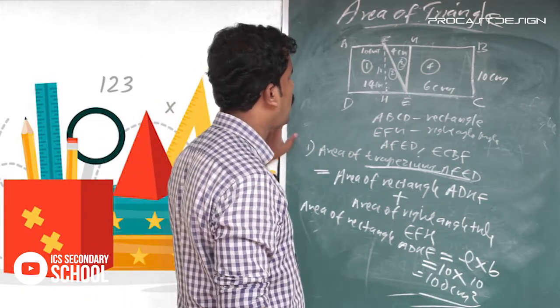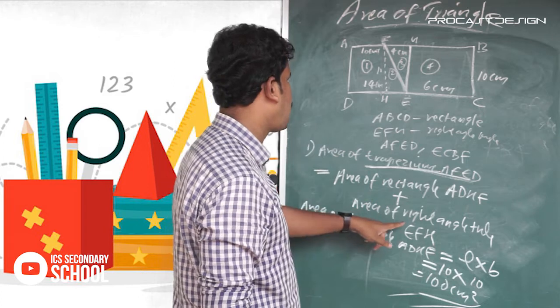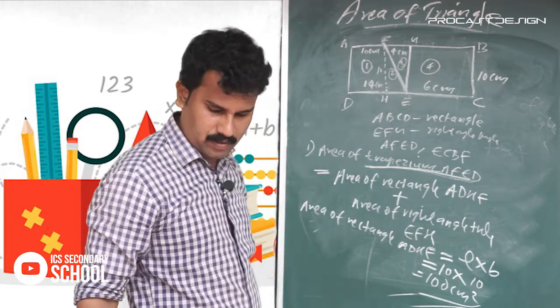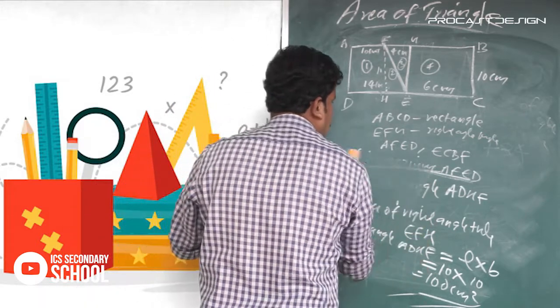Then next we calculate the area of right angle triangle EFH. How do we calculate the area of right angle triangle EFH?